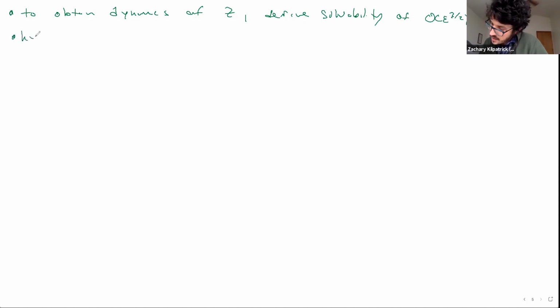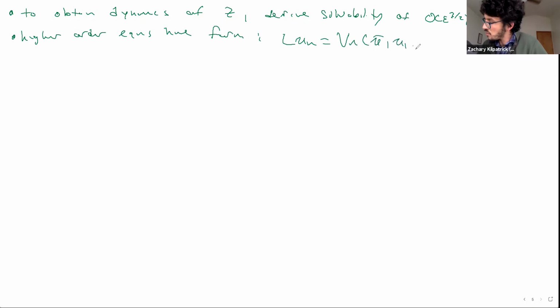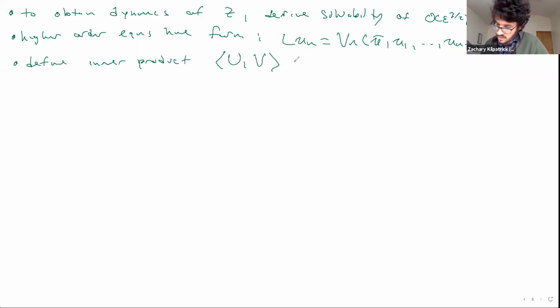So notice that all the higher order equations have the form LUN is equal to VN, and that just depends on U bar, U1, all the way up to UN minus 1, okay? We're going to define the inner product as 1 over pi integral from 0 to pi of U bar x V of x dx, okay?